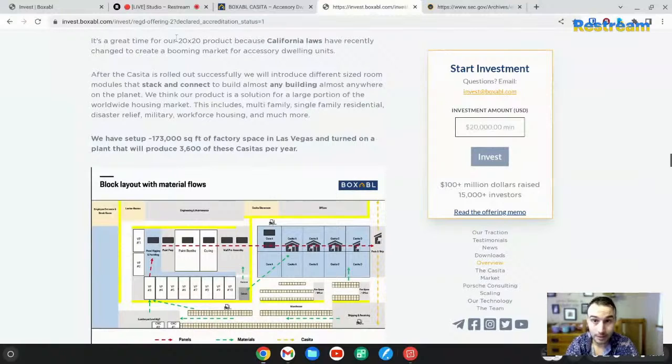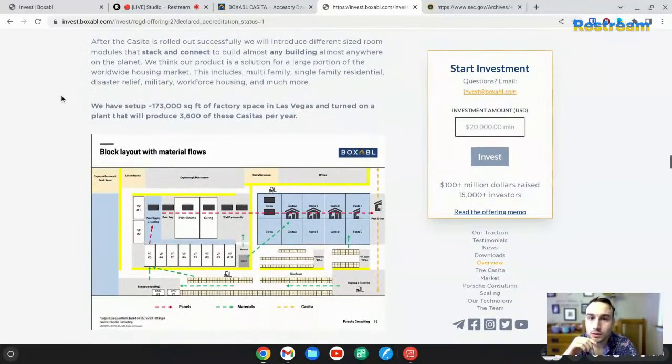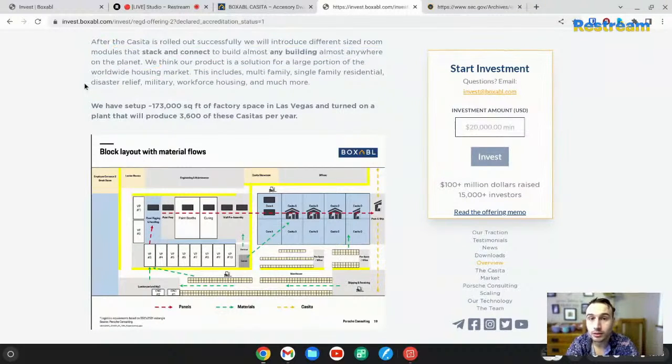Our 20 by 20 product is great because California laws have recently changed to allow for these accessory dwelling units. After we're done with our phase one with the studio apartment, we're going to move to different sized modules that stack and connect with almost any other building anywhere. Okay, modular housing.